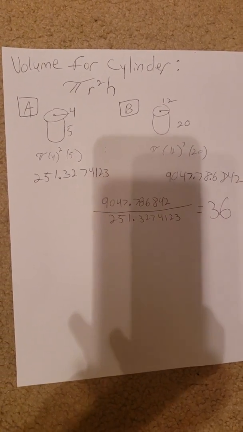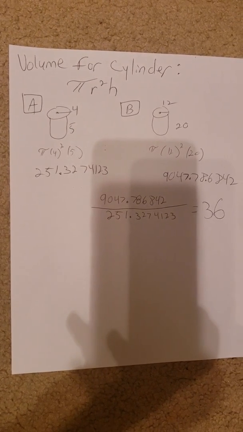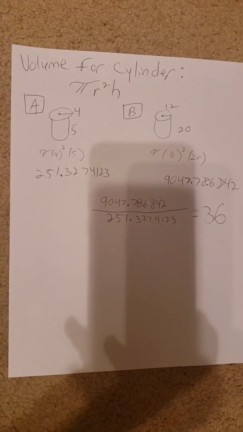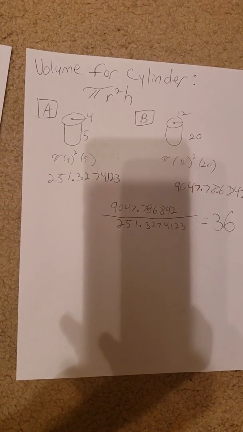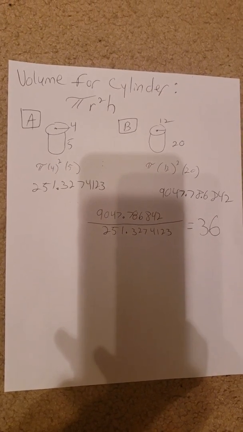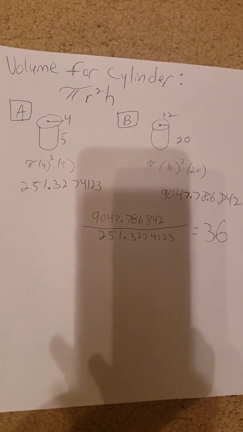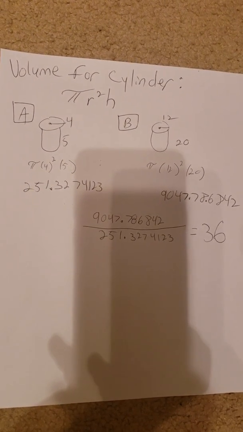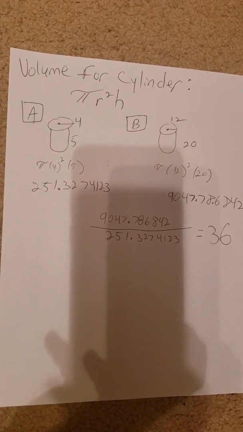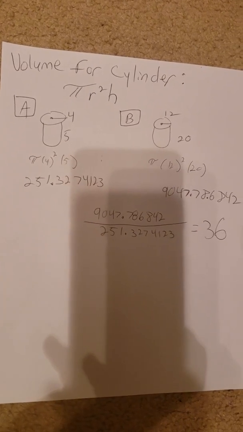For our second problem, we're going to be comparing our A and our B figures. The formula is going to be pi times r squared times h. So for figure A, we're going to plug it into our formula, and it is going to be pi times 4 squared times 5, and that is going to give us 251.3274123.